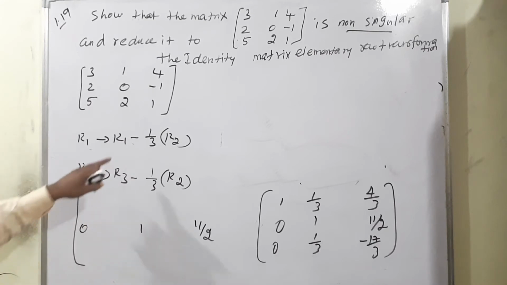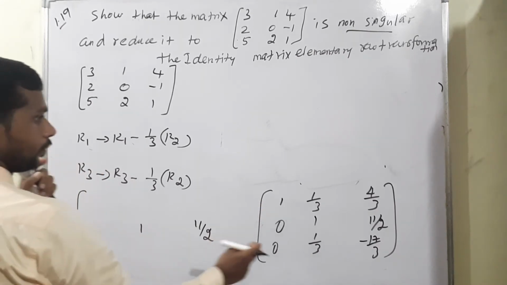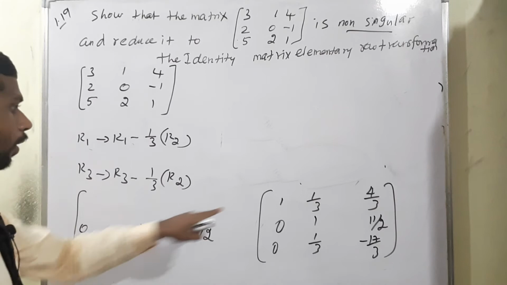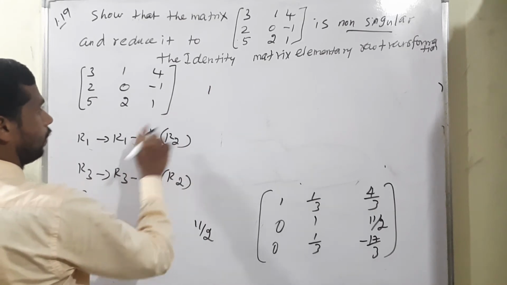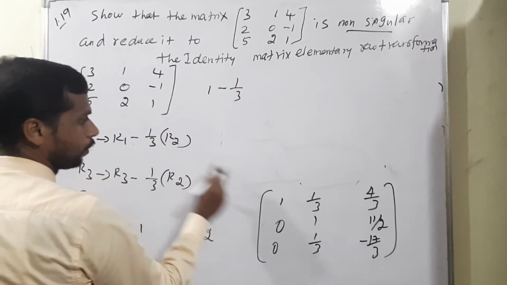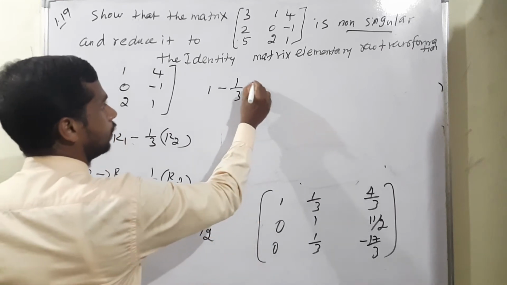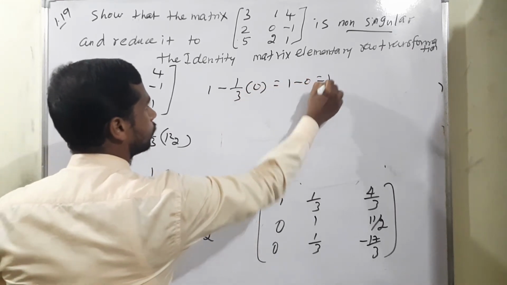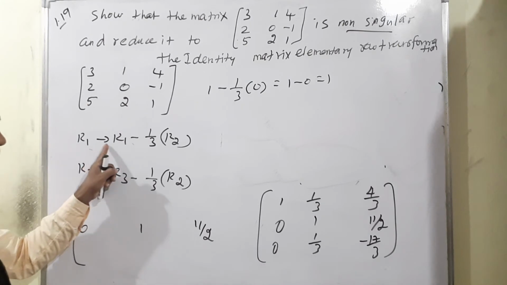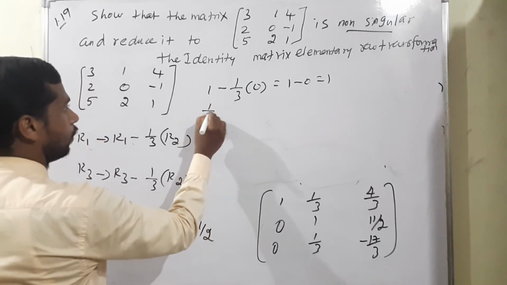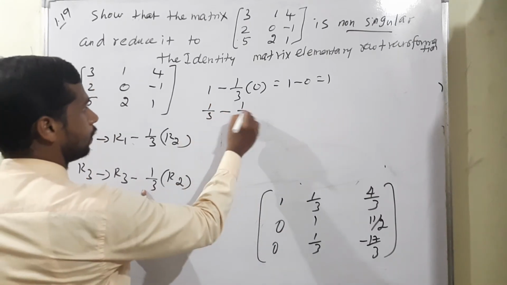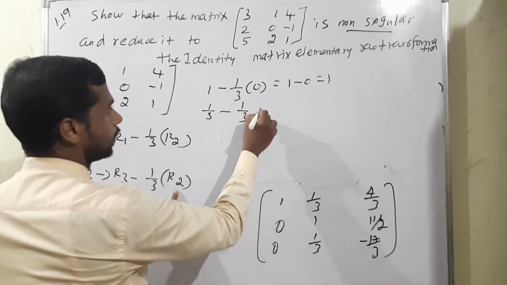So R1 value 1 is there, so comparing 1, then minus 1 by 3 into R2 value already 0 is there, isn't it? So definitely 1 minus 0 also 1. Next condition, again R1 value 1 by 3 minus 1 by 3 into R2 value 1 is there.